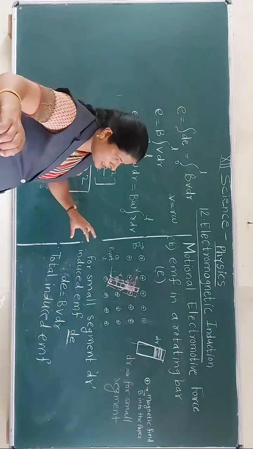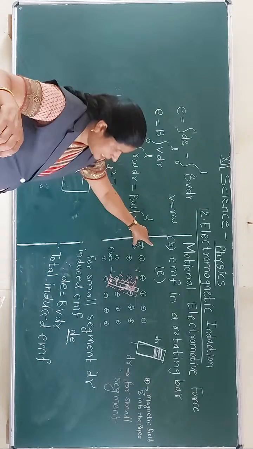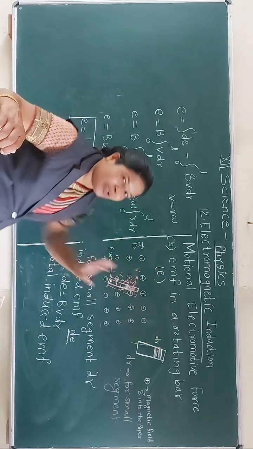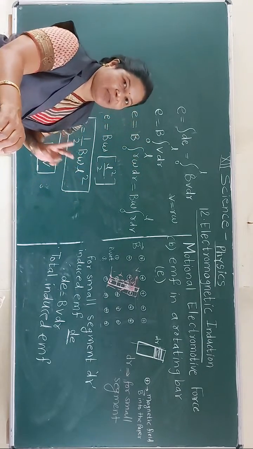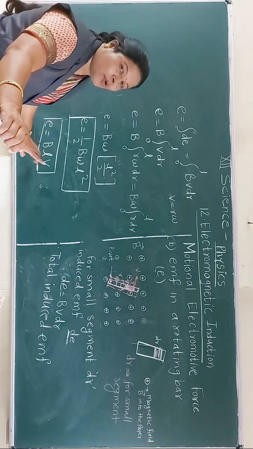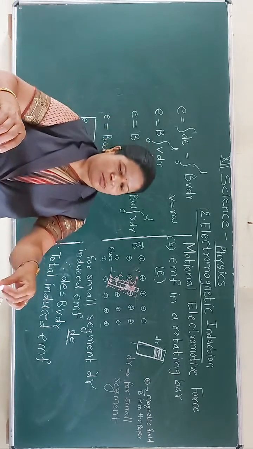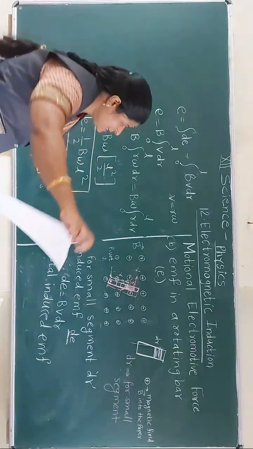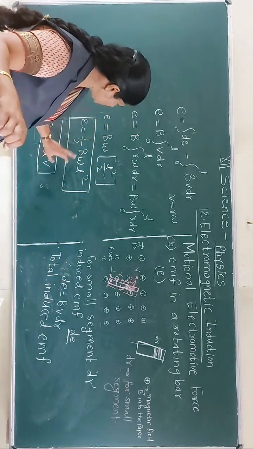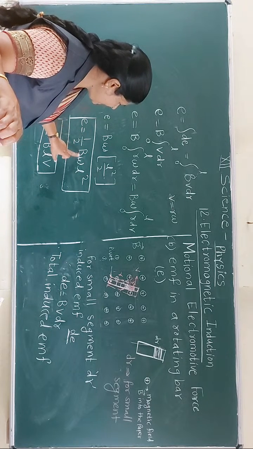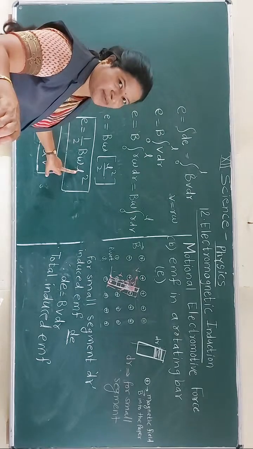So in these points, that is the motional electromotive force, we get the value of EMF as E is equal to BLV for a translational motion of a conductor, and for a rotational motion we get E is equal to 1/2 B omega L square.